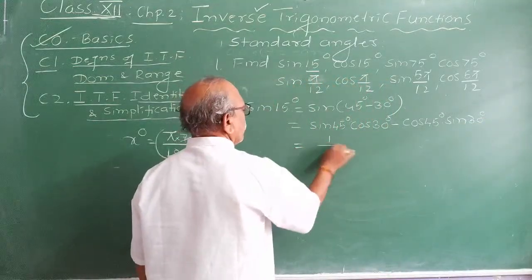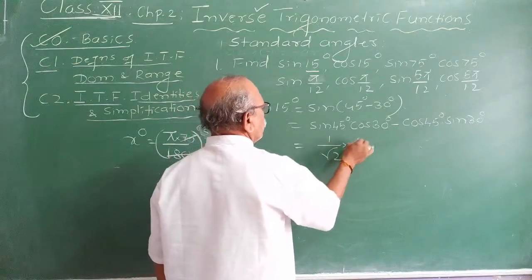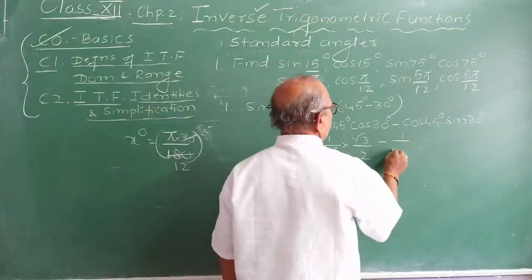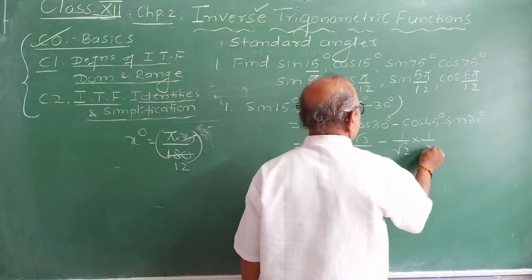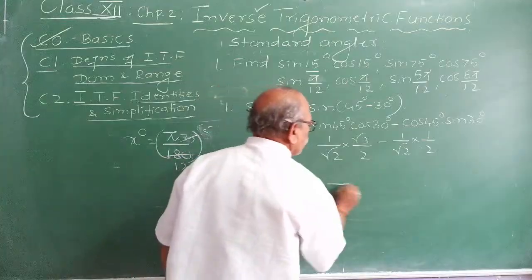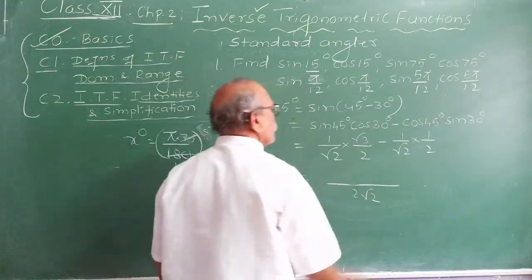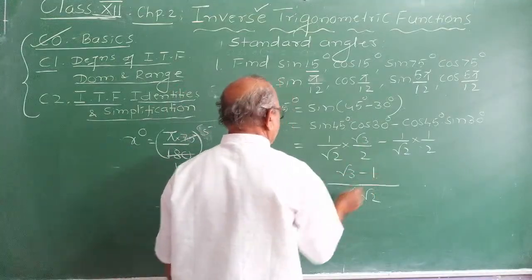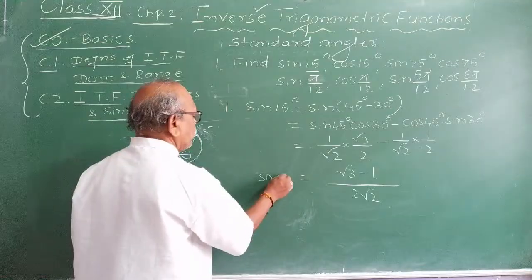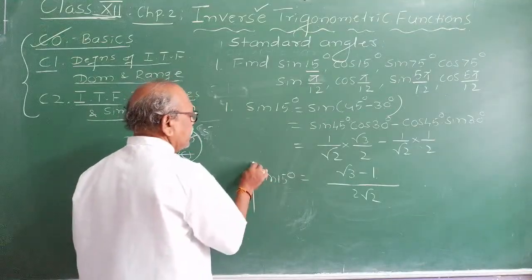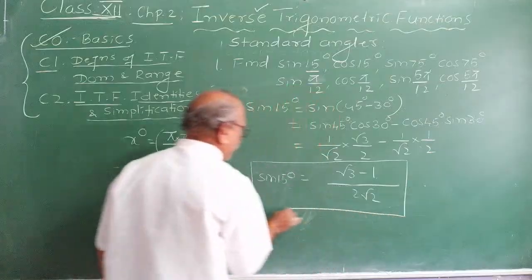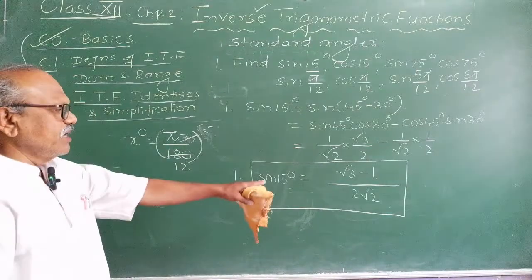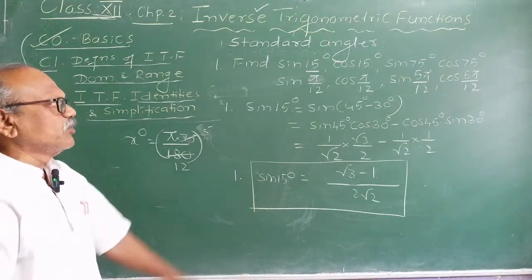Once you derive it on your own, sin 45 1 by root 2, cos 30 root 3 by 2 minus cos 45 1 by root 2, sin 30 1 by 2. LCM will be 2 root 2. You can remember it as root 3 minus 1 upon 2 root 2. Remember the formula of sin 15 degree. Sometimes questions in competitive examinations will appear. Sin 15 degree can be memorized as root 3 minus 1 upon 2 root 2.